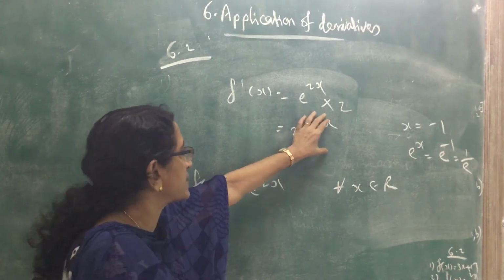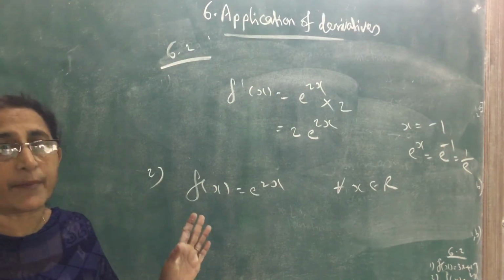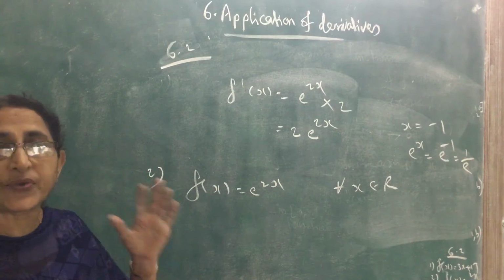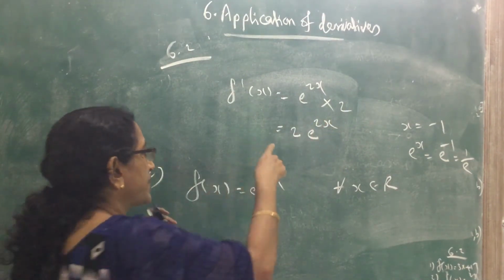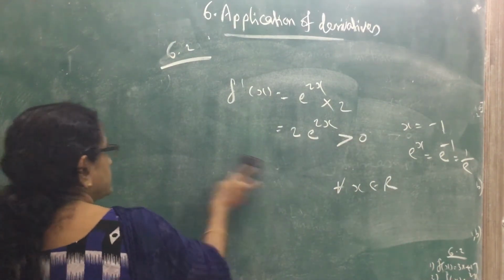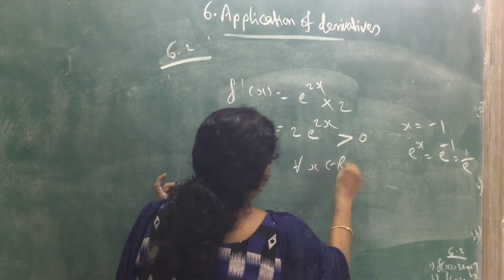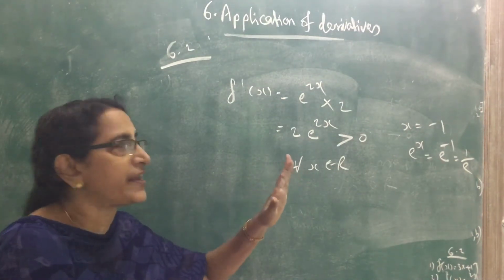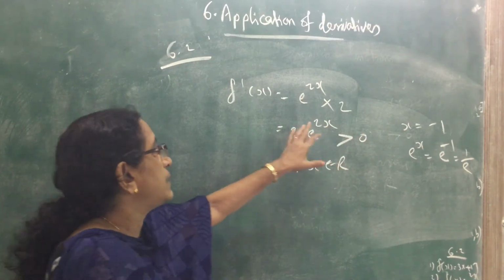So e raised to 2x, whatever be the value of x, if x takes any real number, e raised to 2x will be greater than 0. It will never be equal to 0. So 2 into e raised to 2x is greater than 0 for every x belongs to R. X can be any real number, positive or negative or 0.